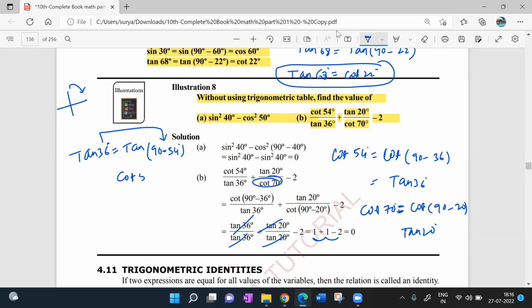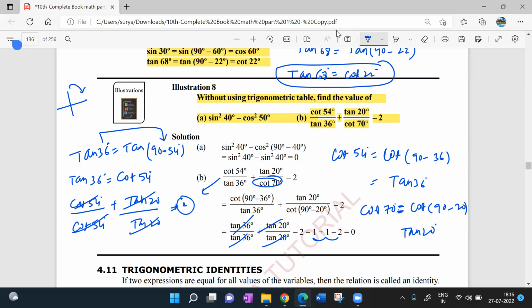So tan 36 is equal to cot 54. Now, cot 54 divided by tan 36 becomes cot 54 by cot 54. Plus tan 20 as it is I'm writing. Cot 70 can be written as tan 20.